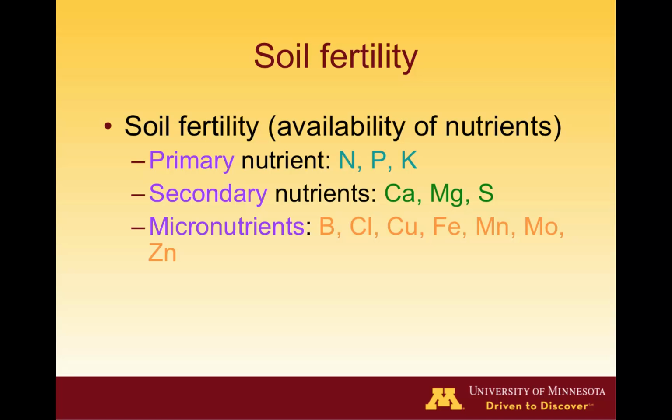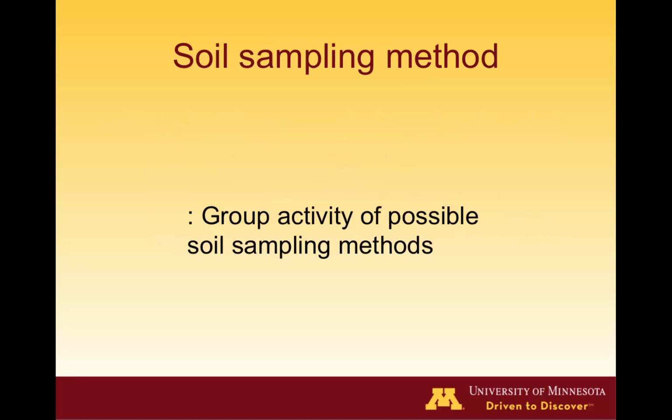And there are more micronutrients that the crop requires, and usually people might find, for example, iron deficiency in the field, which causes some symptoms in, for example, corn. Maybe I can show some example pictures of nutrient deficiency in the field by crop symptoms.